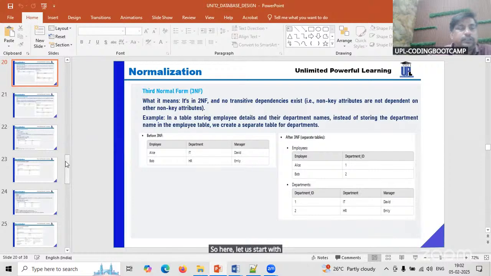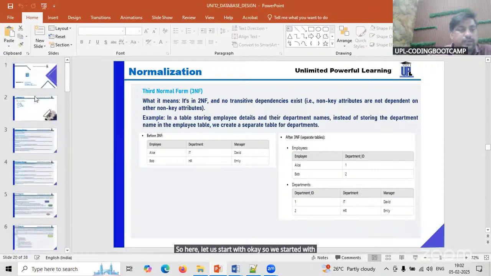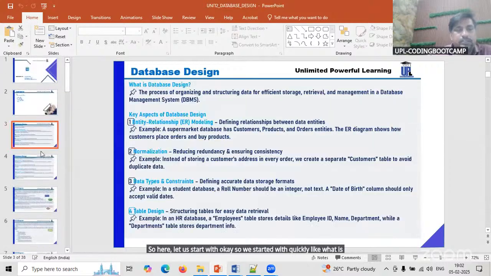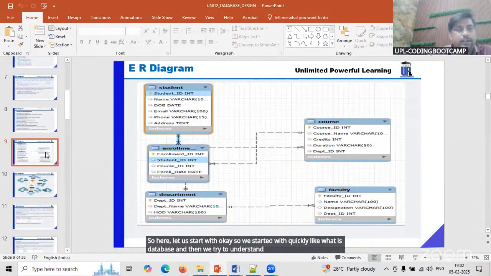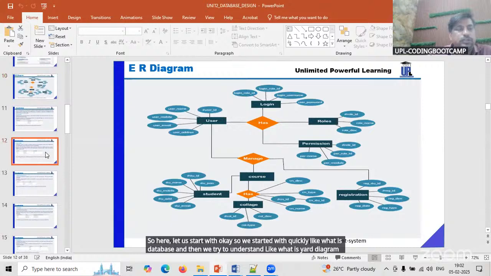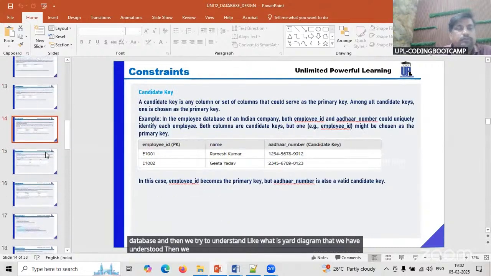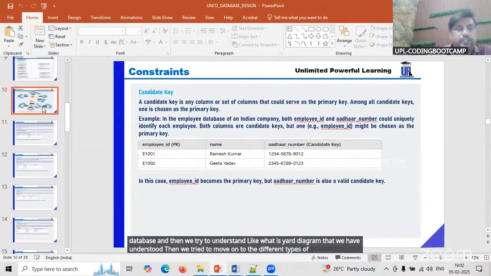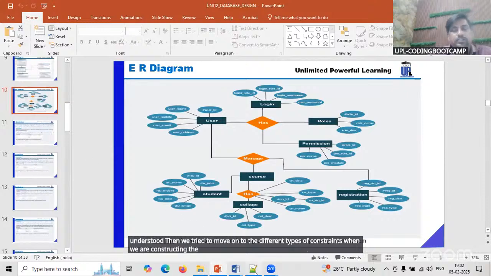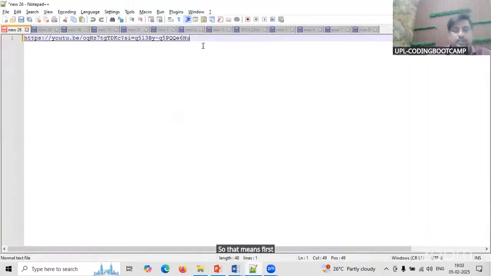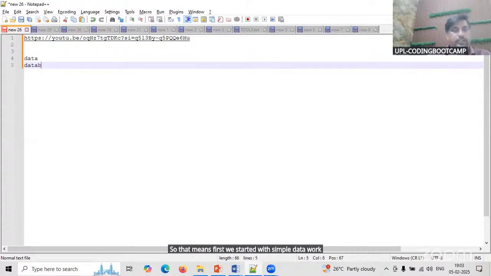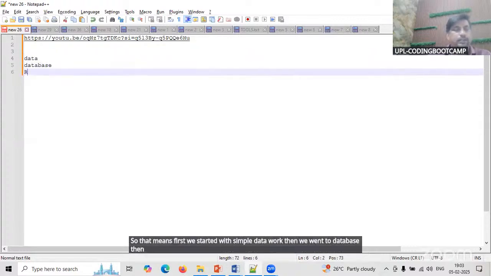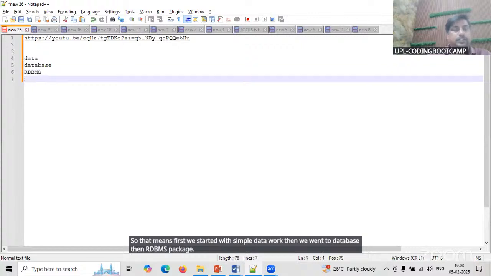So we started with quickly, what is database, and then we try to understand what is ER diagram that we have understood. Then we try to move on to the different types of constraints when we are constructing the ER diagram. So that means first we started with simple data word. Then we went to database, then RDBMS package.